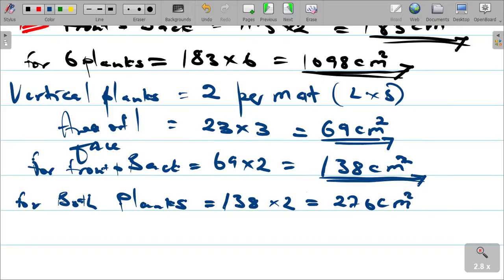In this case, what we need is the total painting, the total area of the mat.